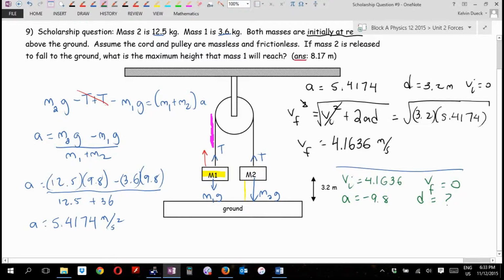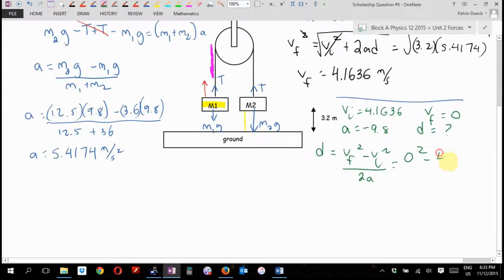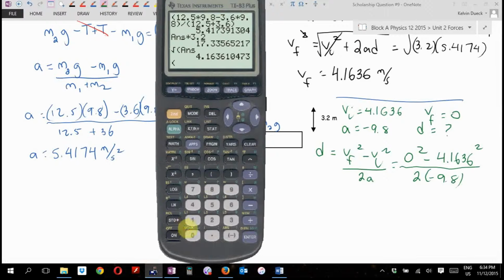Well, now I can go VF squared minus VI squared all over 2A, which is 0 squared minus 4.1636 squared, all over 2 times negative 9.8. It's going to go 0.8845 meters.